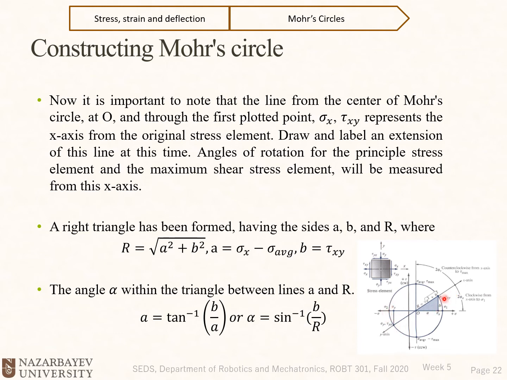So if that AB line sits on the x-coordinate axis, then the stresses on the element will be equal to principal normal stresses, and shear stresses will be 0.